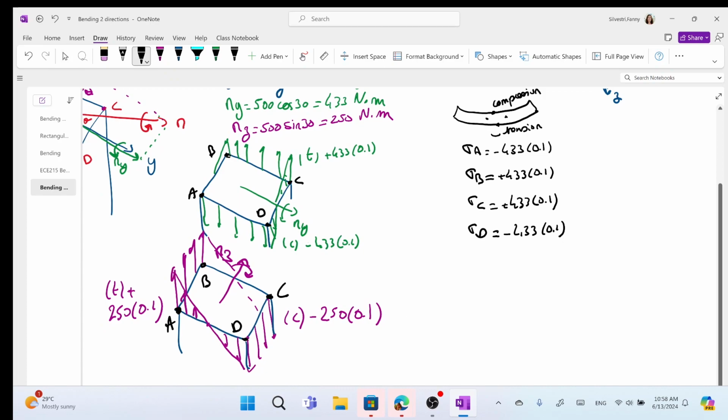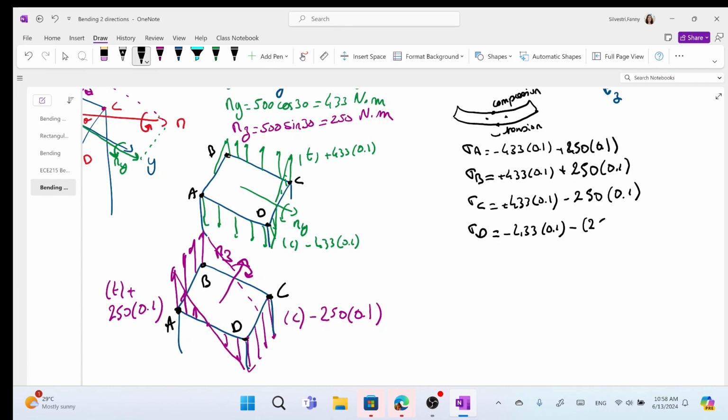So point A is in tension, so plus 250 times 0.1, sigma B plus 250 times 0.1, sigma C compression minus 250 times 0.1, and D minus compression 250 times 0.1.